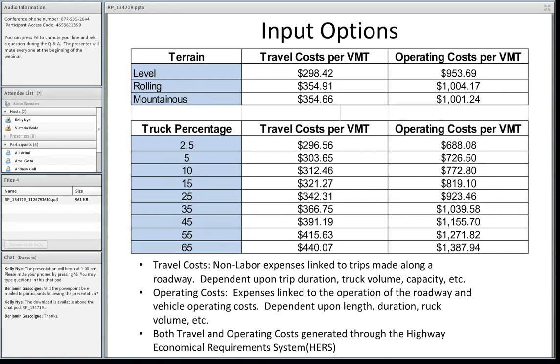So these numbers here are the 2015 numbers. When they get multiplied in the road user cost output details sheet, they are converted to the project year that was entered in the RUC input form.